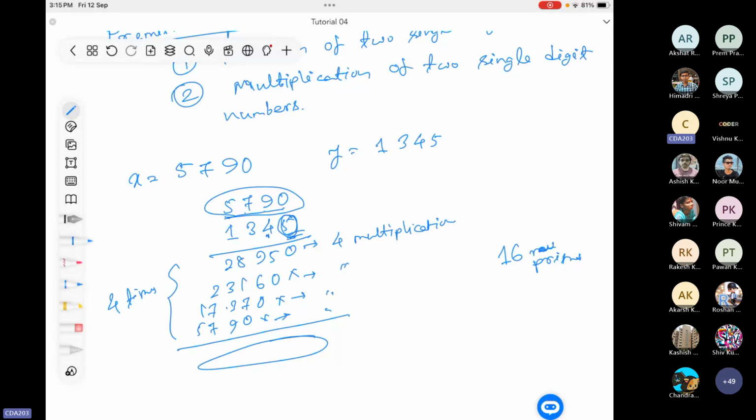So the operations would be a little bit more than 16, but it's 16 primitive operations, you can say. So in terms of n-digit numbers, you need order n square many multiplications, right? Many operations.